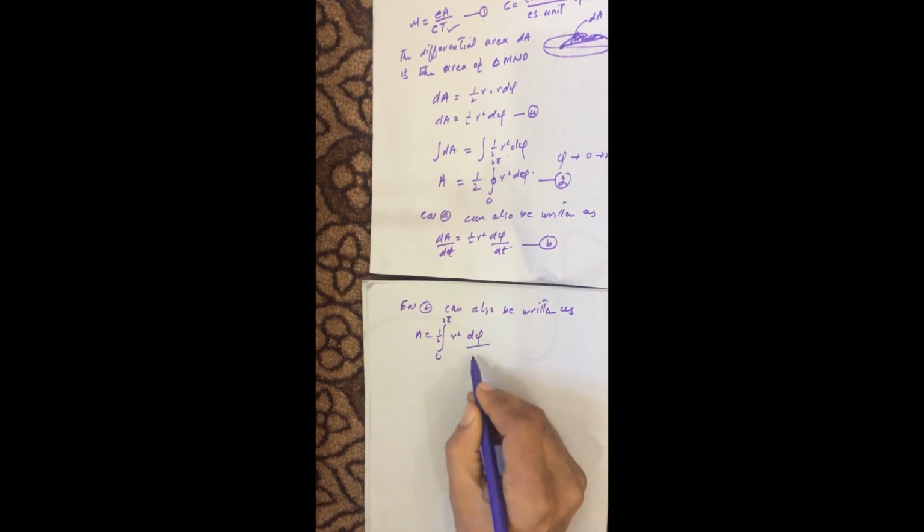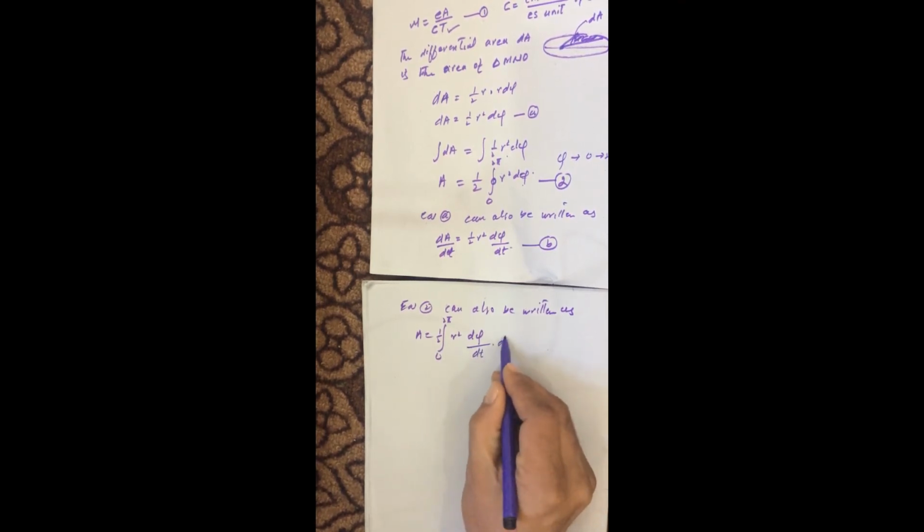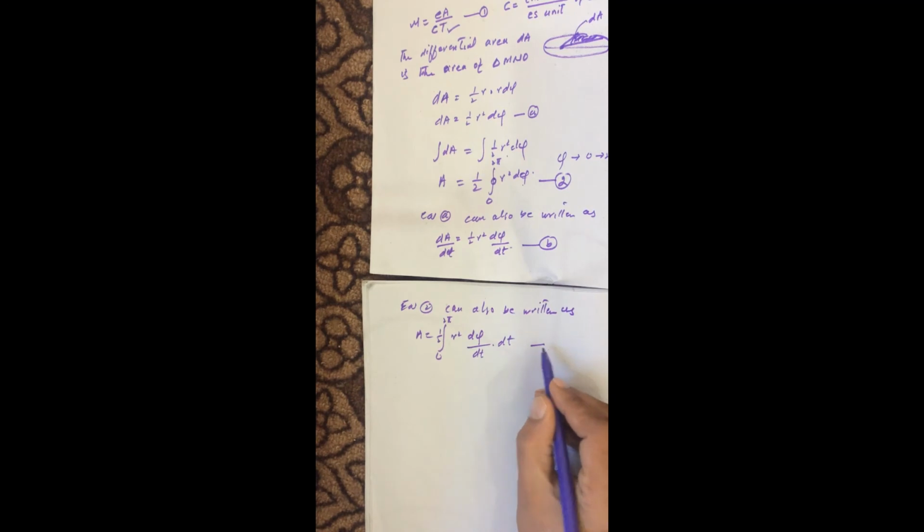I will multiply and divide this side by dt, which is equation number 3.